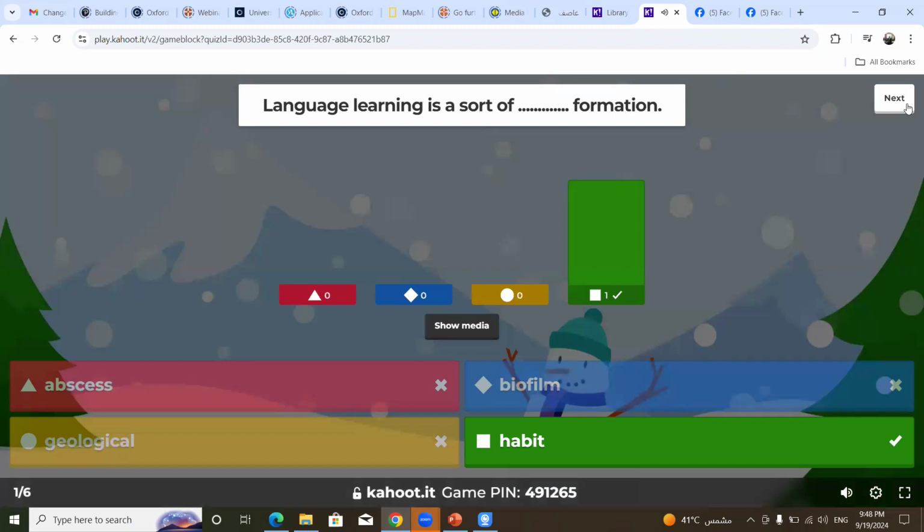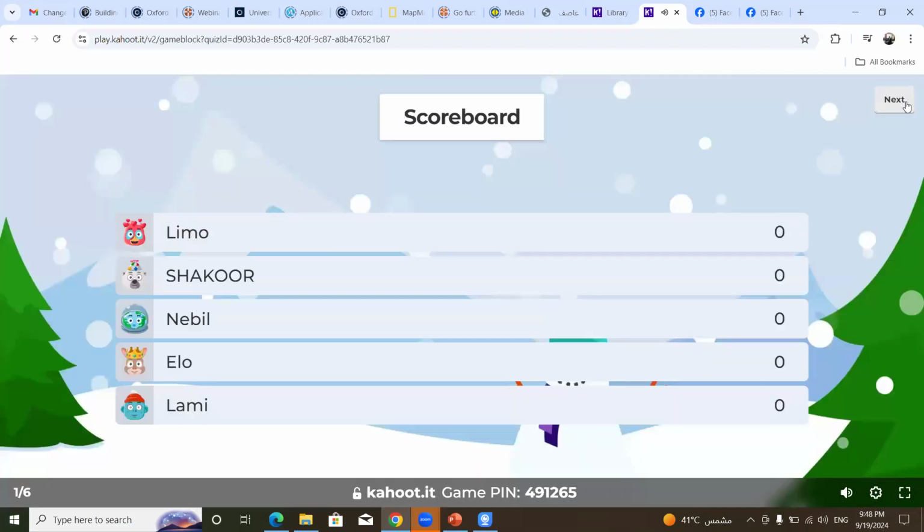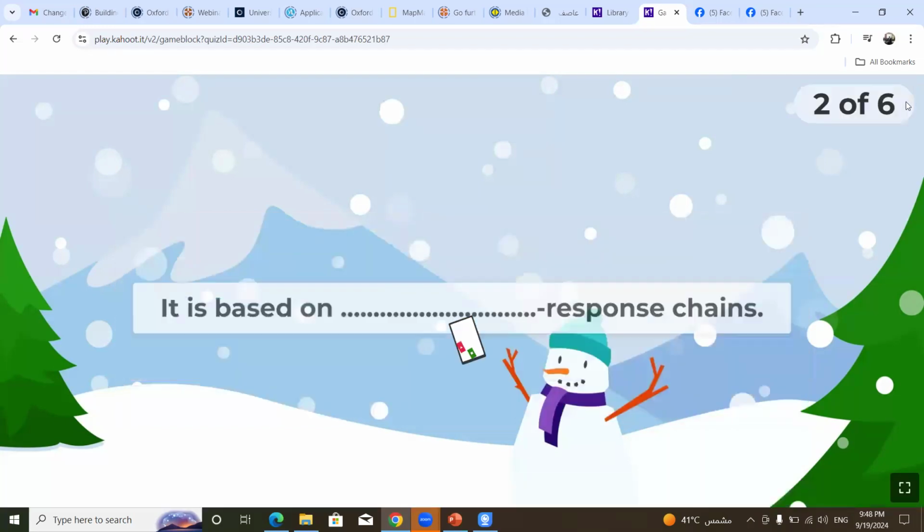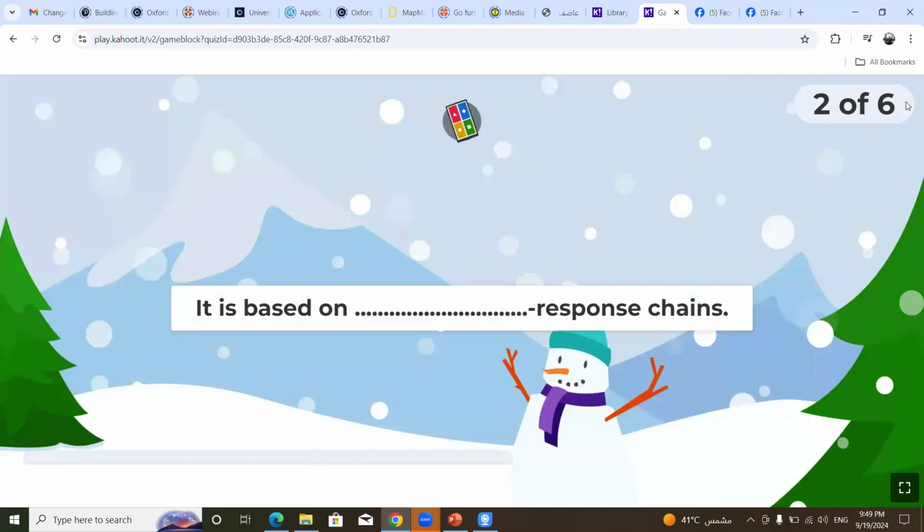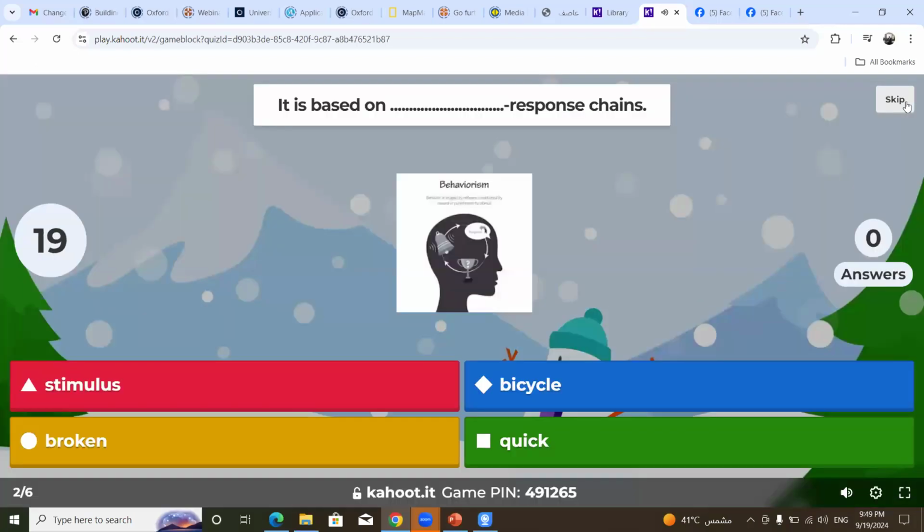Okay, we got one answer. Bravo, Limo. It is based on response chains.